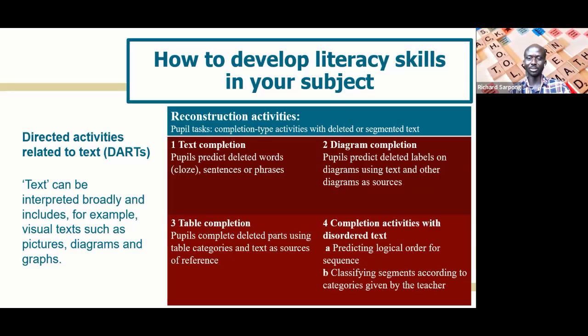So that is the diagram completion strategy you talked about. Yeah. The students will predict the deleted labels on the diagram or the deleted part using text. So like in your example, the student might have to draw or come up with something to complete the portrait that has been deleted, right? They have to figure out what the missing information or details will be.